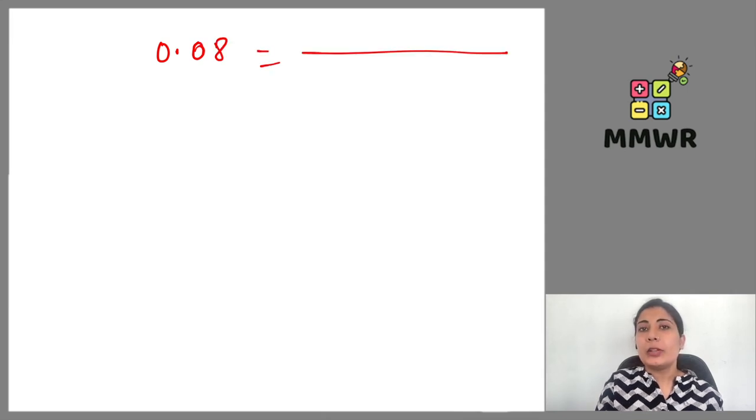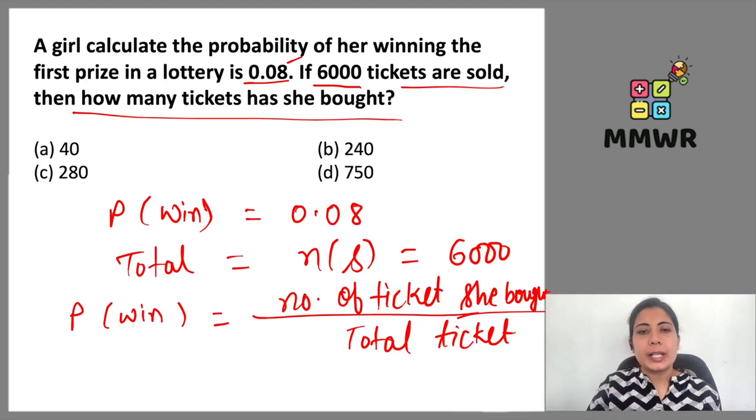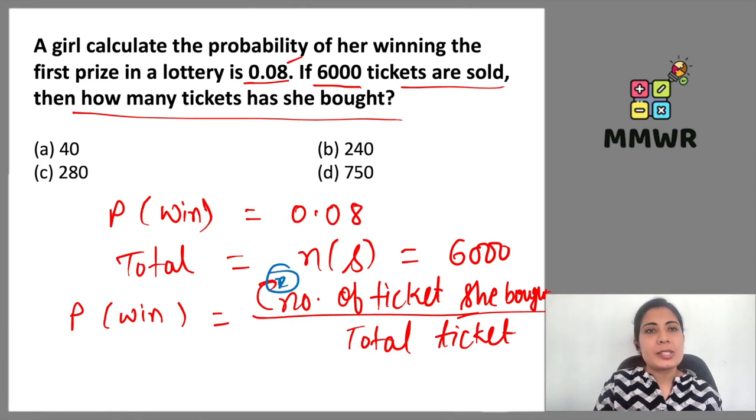And the number of tickets purchased by her, let it be X. Number of tickets she bought is X.